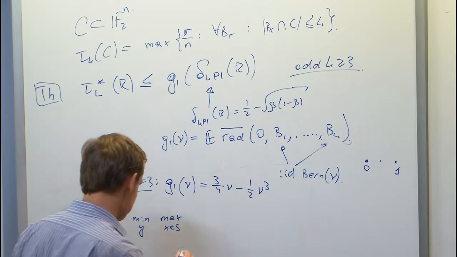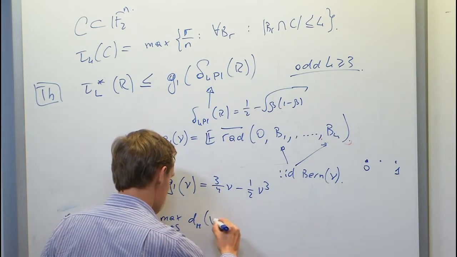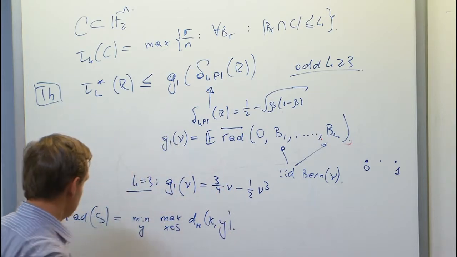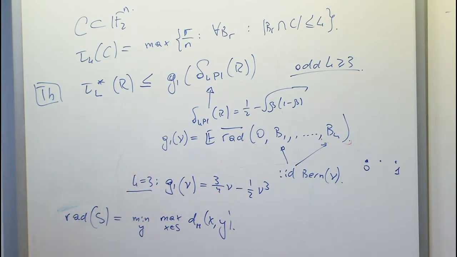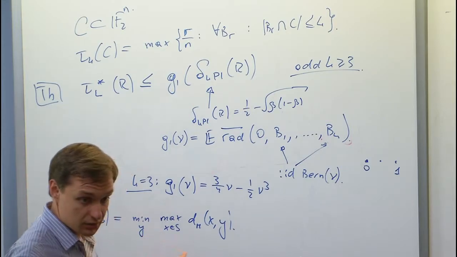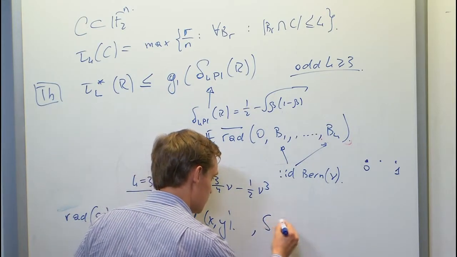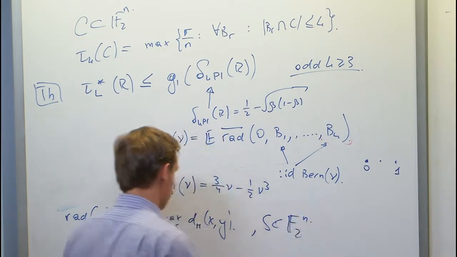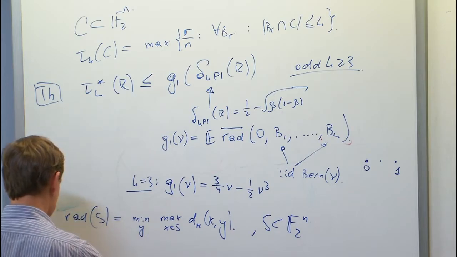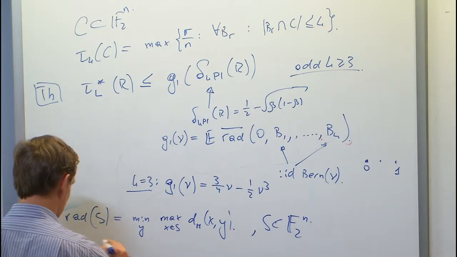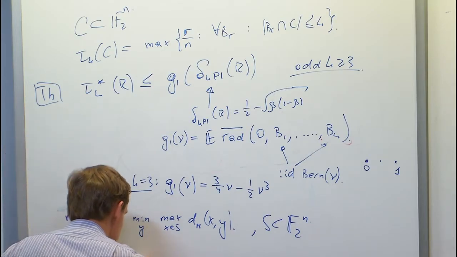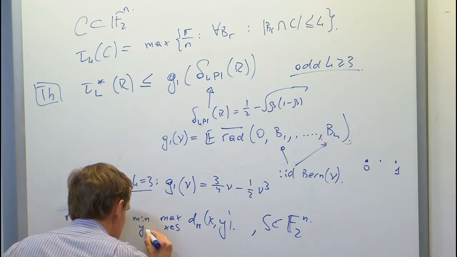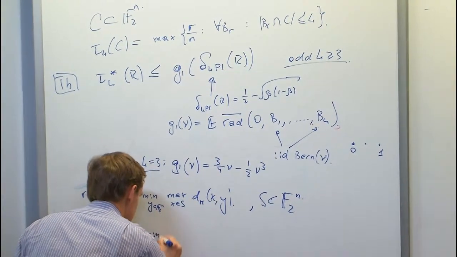This is the definition of the radius of a set S, a subset of F2 to the n. The average radius, or the moment of inertia, is the minimum over y. All these points are in F2 to the n. That's important.